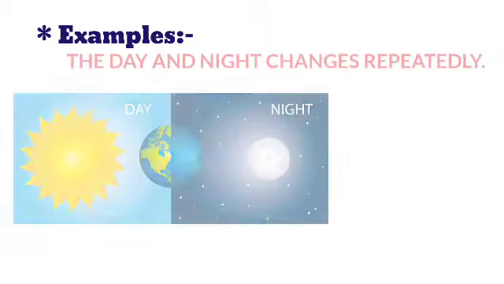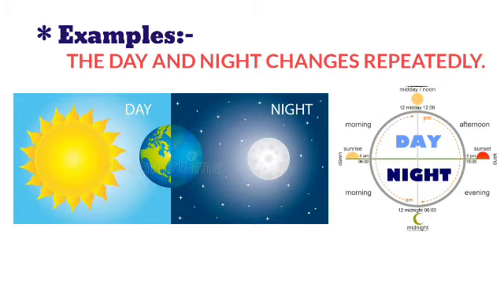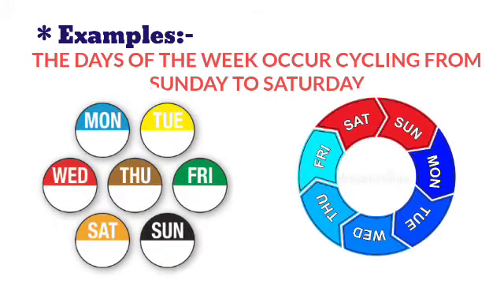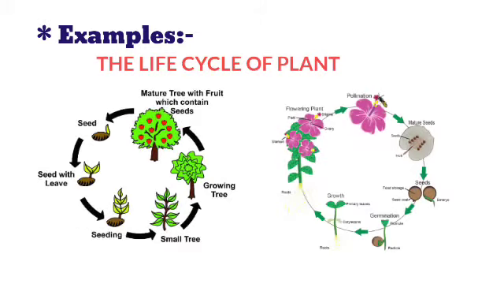Similarly, we have many examples in our environment. The day and night which change repeatedly are a cyclic process, one example of modular arithmetic. Then the days of the week occur cyclically from Sunday to Saturday. The life cycle of a plant is also one of the best examples.